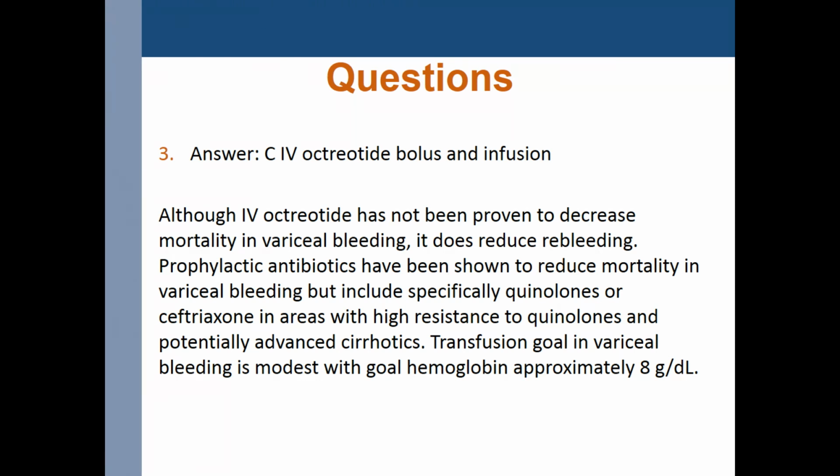Transfusion goal in variceal bleeding is modest, with goal hemoglobin approximately 8 grams per deciliter. It certainly is not unreasonable to consider placing them on an IV PPI drip as well, as these patients could certainly have a non-variceal source of bleeding, but in this particular patient, the best answer would be IV octreotide bolus.